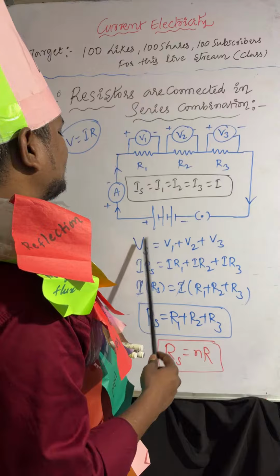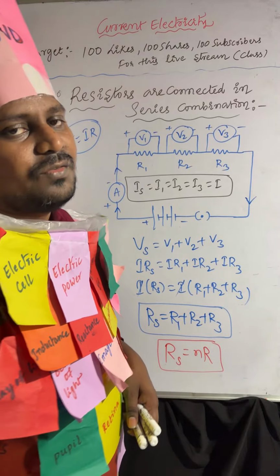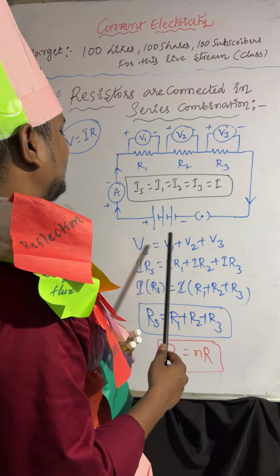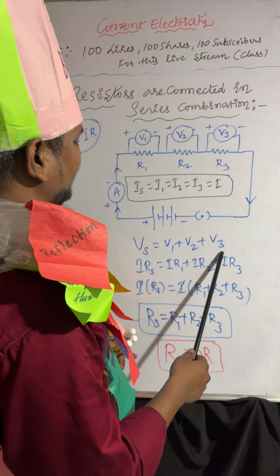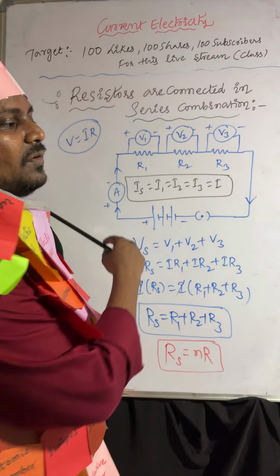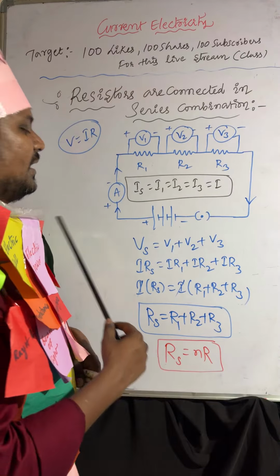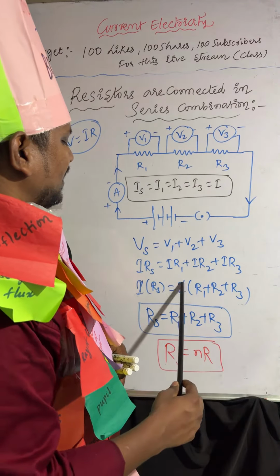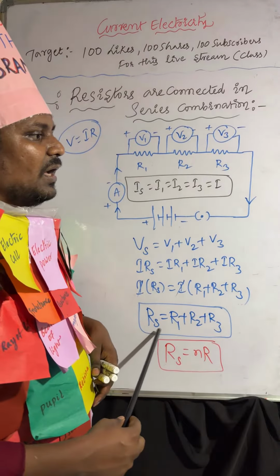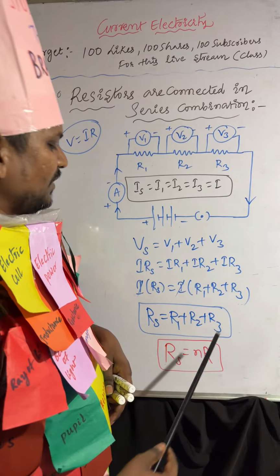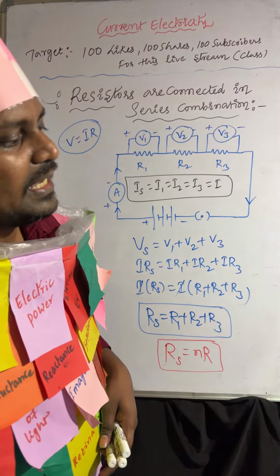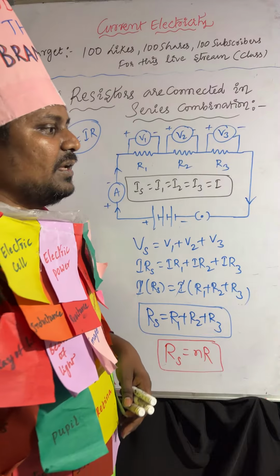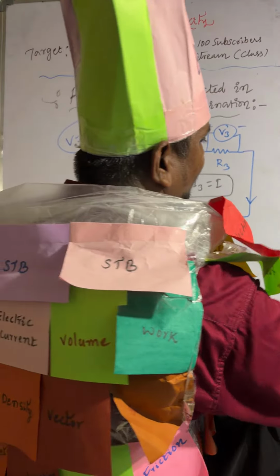Vs, or V effective, or V equivalent, we can write. Vs equal to V1 plus V2 plus V3. From Ohm's law V equal to IR, so IR is equal to IR1 plus IR2 plus IR3. I am taking I common, it cancels. RS equal to R1 plus R2 plus R3. That is, if n number of resistors are connected in series combination, RS equal to nR.